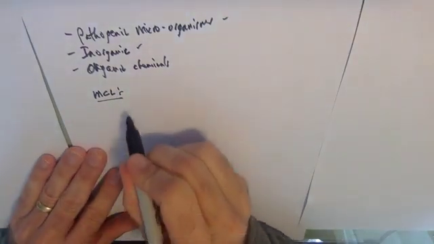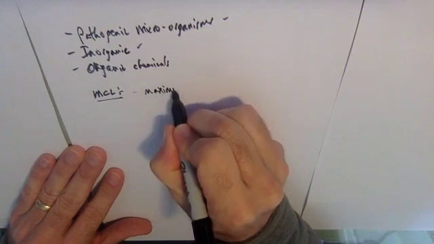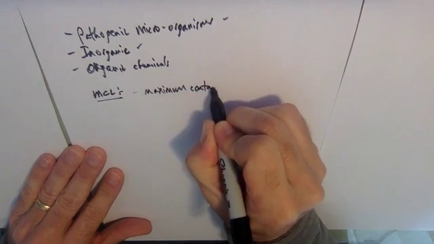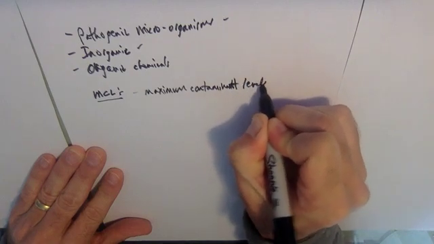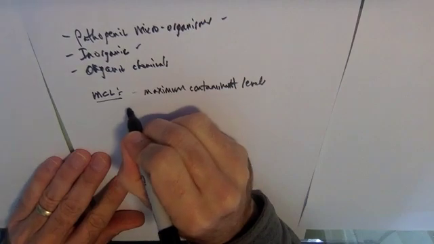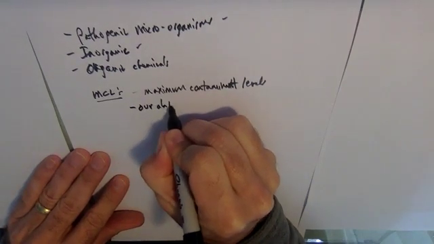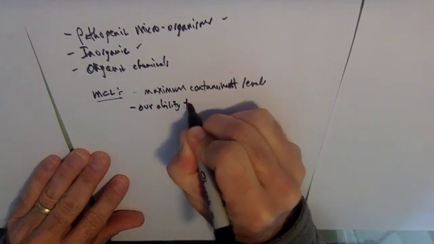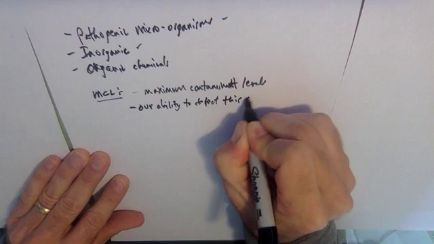And so, as you may recall, we operate using guidelines which include MCLs, which are the maximum contaminant level. And maximum contaminant levels are calculated based on a couple of different considerations. One is our ability to detect this contaminant, obviously.